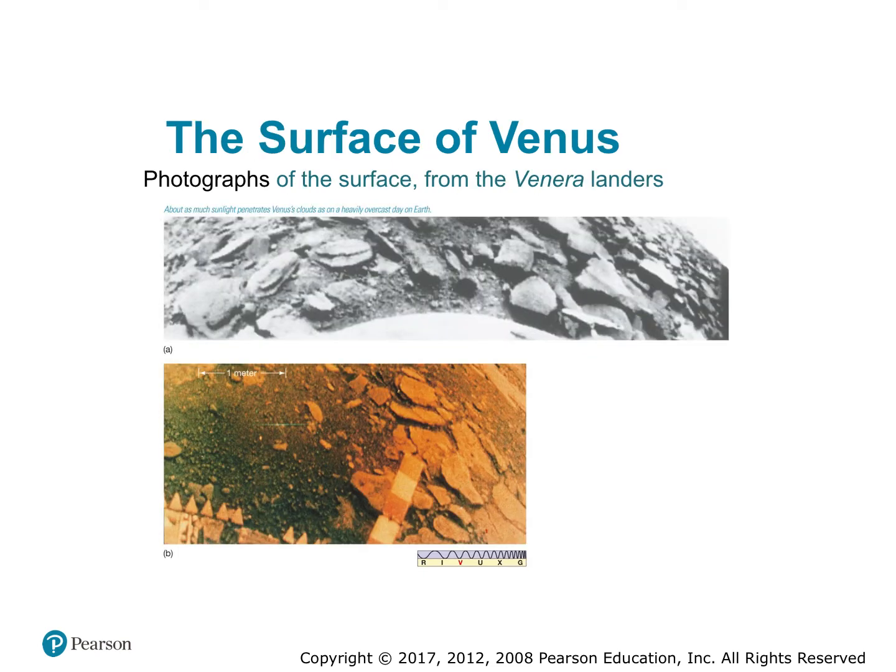Now, we have actually sent probes to Venus that have landed on the surface and taken pictures. Actually, it was the former Soviet Union, Russia, that did that many years ago. Those probes did not last for very long because of the heat and the pressure that we've talked about, but they were able to take some pictures.